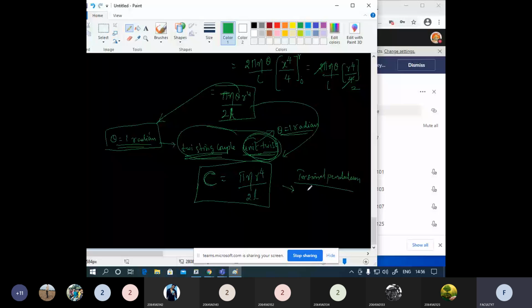There we got eta equals 8 pi square something. I had given an equation yesterday; whatever equation we had given yesterday, we need to get it utilizing these explanations.